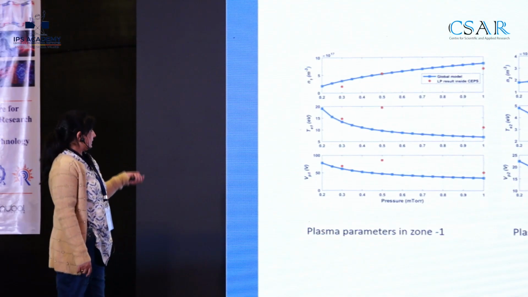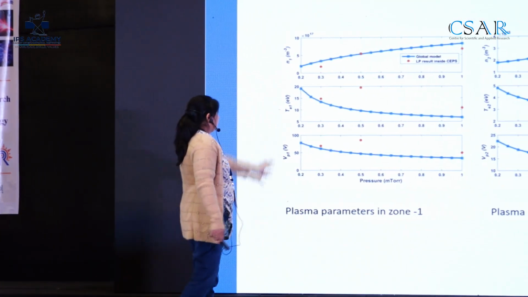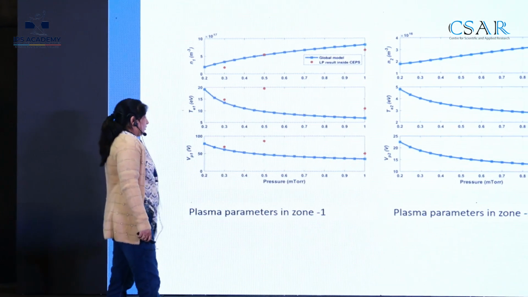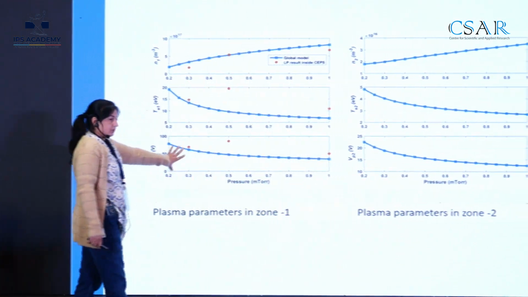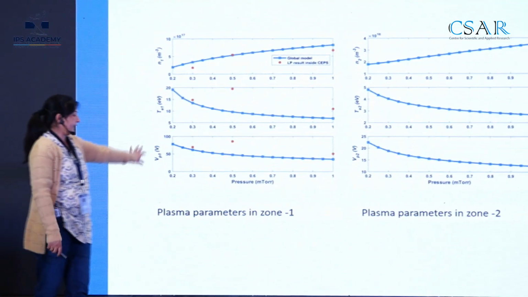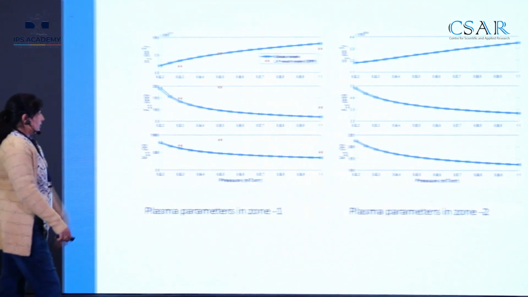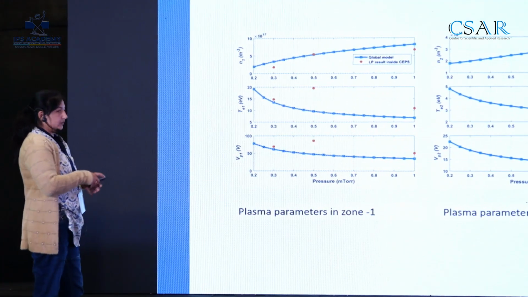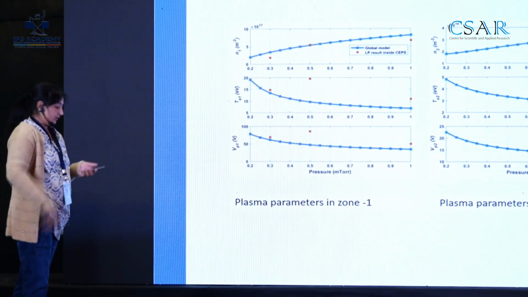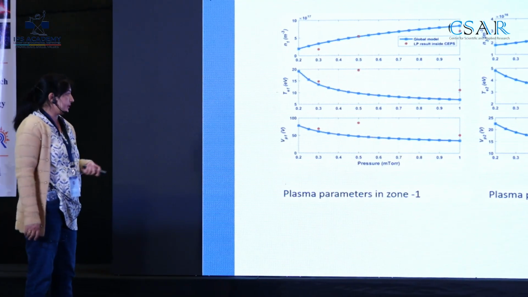So then we can estimate the thrust. We compare here the parameters in zone 1 and zone 2 at different pressures. In zone 1, we compare those results with the Langmuir probe measurements and we can see quite good agreement. But in zone 2, no comparison was made because in our Langmuir probe measurement there was axial decay, so no local measurement was available.